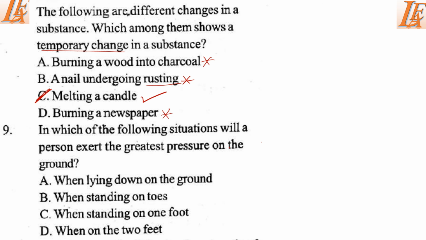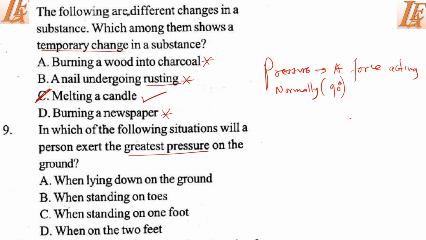Question 9. In which of the following situations will a person exert greatest pressure on the ground? Before we answer this question, let's define pressure. Pressure is defined as a force acting normally, that is at 90 degrees, on a surface per unit area.